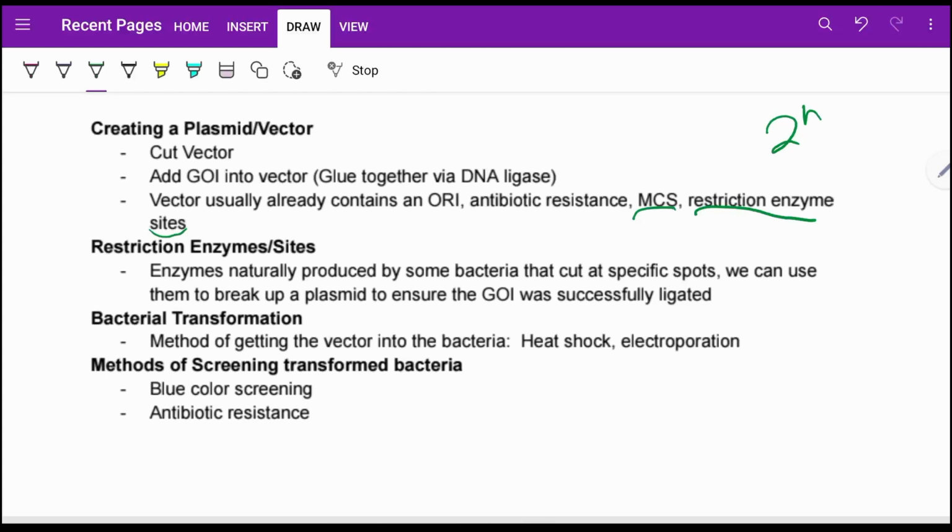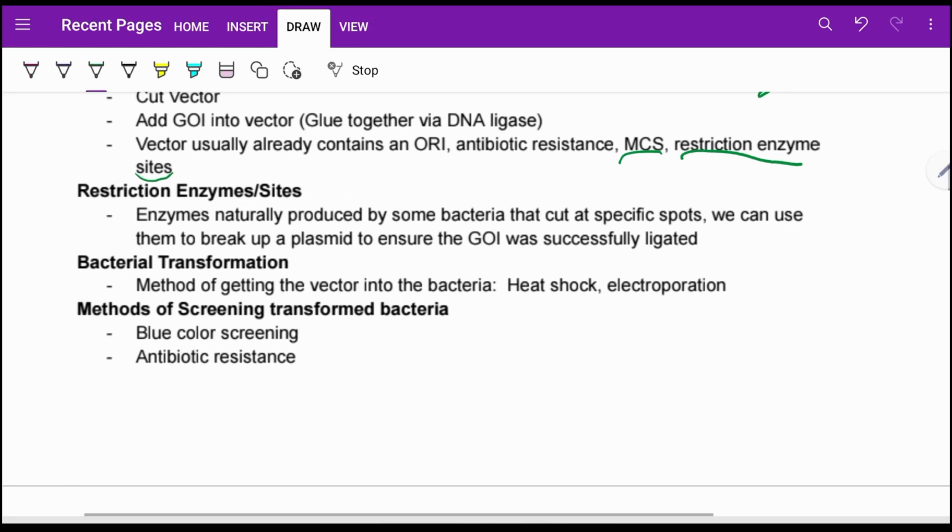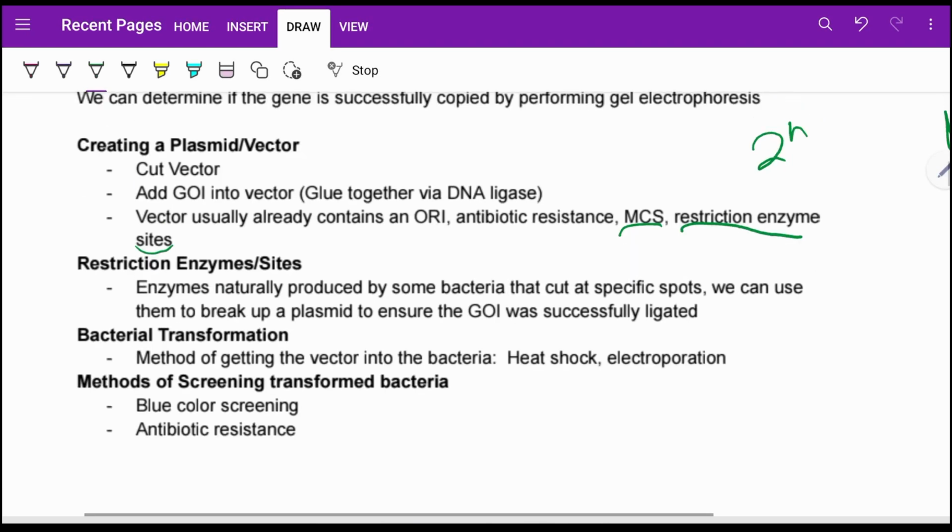And by doing that, we can determine if the gene of interest was successfully added or not. So after we check that this gene of interest was successfully added, we can then transfer the vector into the bacteria.